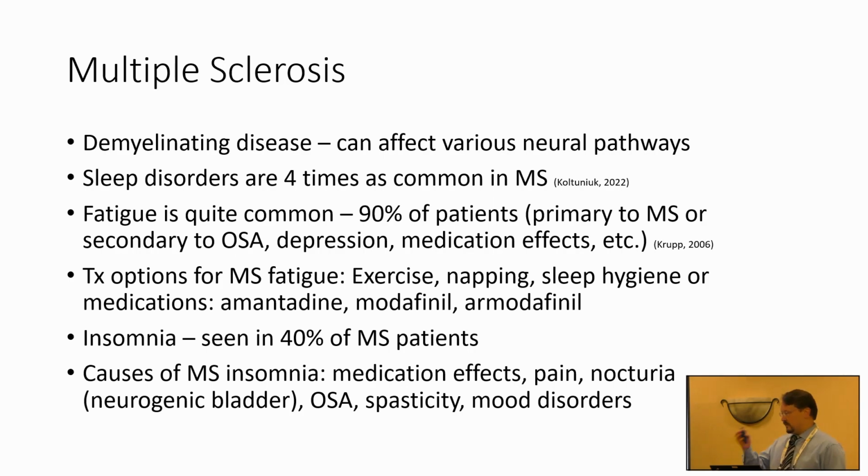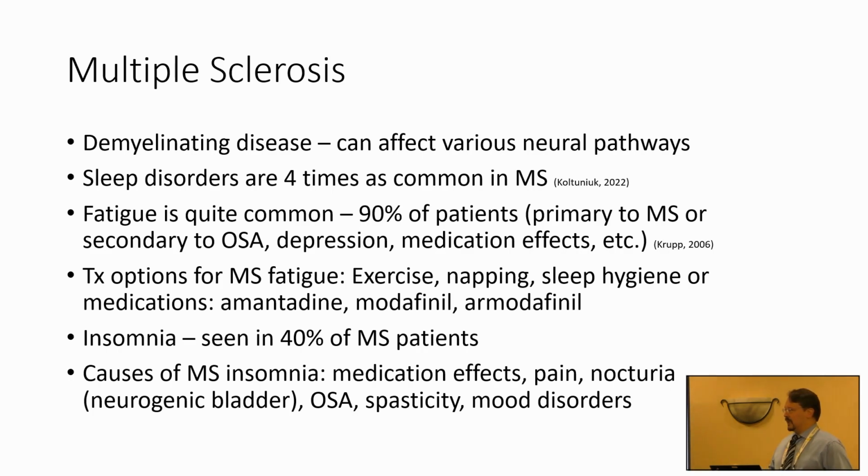Insomnia, much like some of the others that we've seen, is very common in MS, seen in up to 40% of individuals. And again, just like with Parkinson's, it feels like even more when you're actually treating the patient and bringing up all these different issues and addressing those. And certainly as well, this is quite multifactorial.